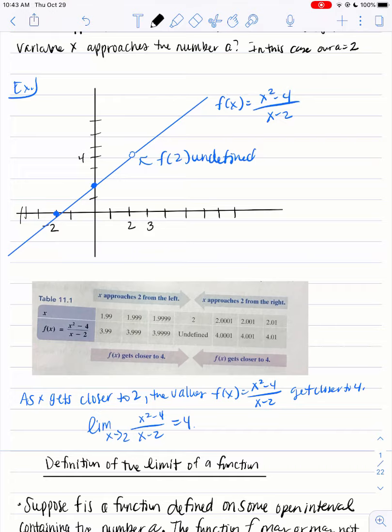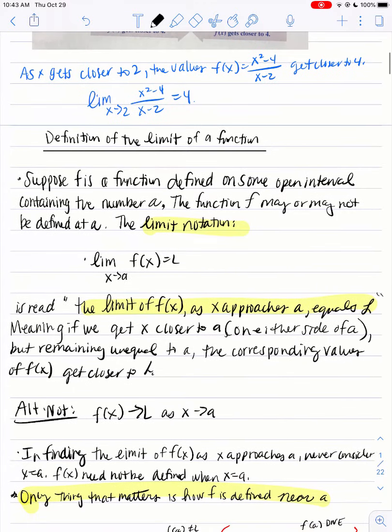As x approaches some value, what value should f of x approach? So let's go ahead and define the definition of a limit. Suppose f is a function defined on some open interval containing the number a. In our previous example, our a was 2. The function f may or may not be defined at a, so it doesn't have to exist.